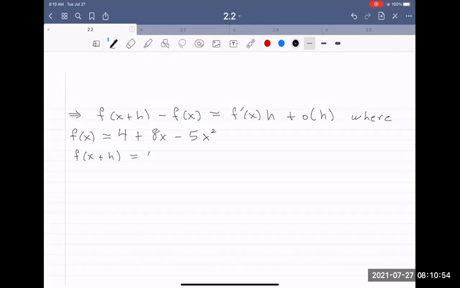So wherever I see an x here, I'm going to replace x by x plus h. So I'm going to replace each of these x's by x plus h. So this is 4 plus 8 times x plus h minus 5 times x plus h squared. And so now let me simplify that. Let me multiply 8 inside the parentheses.